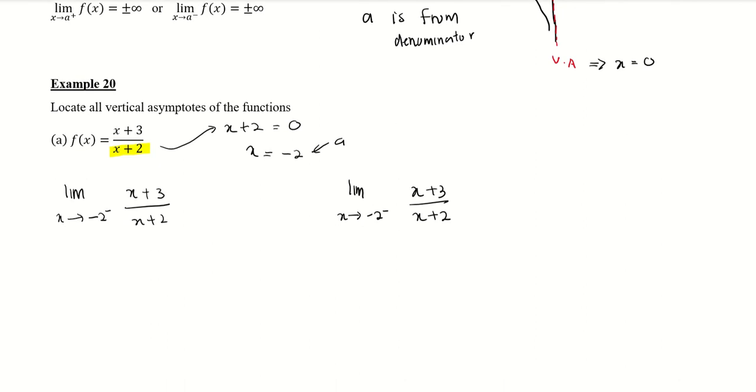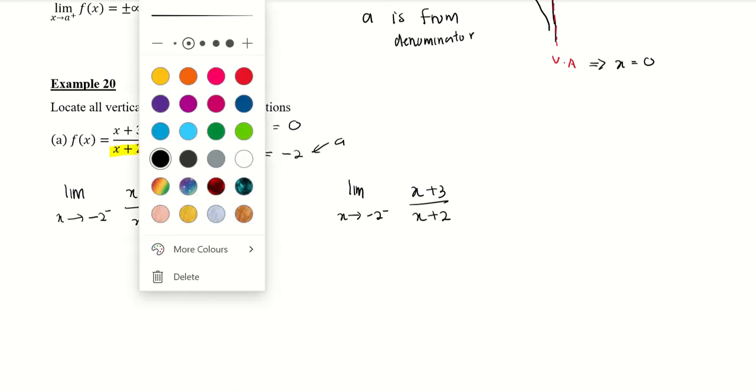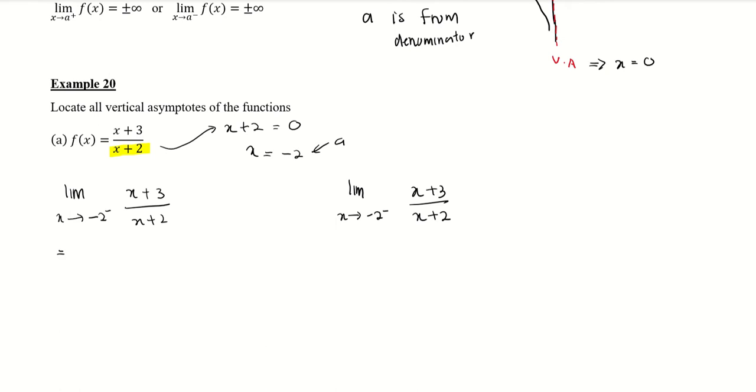First we do x approaches negative 2 from the left. If I substitute directly into the limit, negative 2 plus 3 over negative 2 plus 2, we will get 1 over 0.